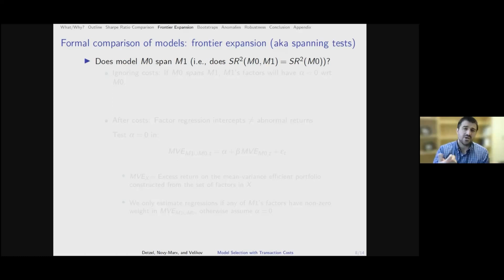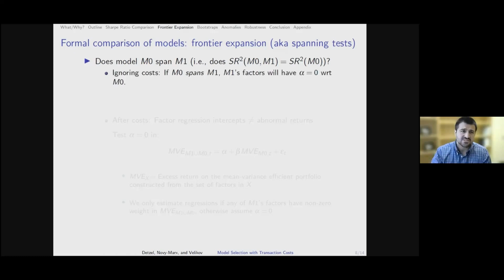The question we're trying to answer is whether a base model, call it M0, spans a supplementary model, call it M1. In other words, if an investor had access to the factors in M0, would she be better off if she were also given access to the factors in M1?